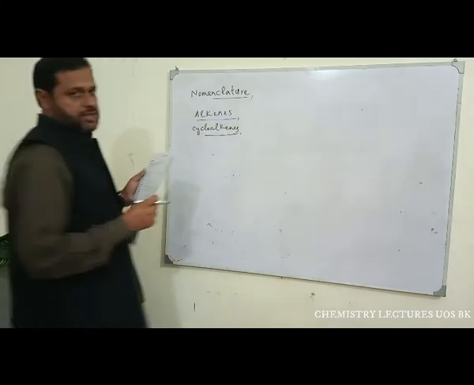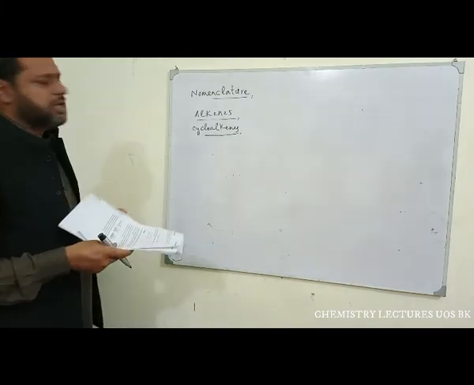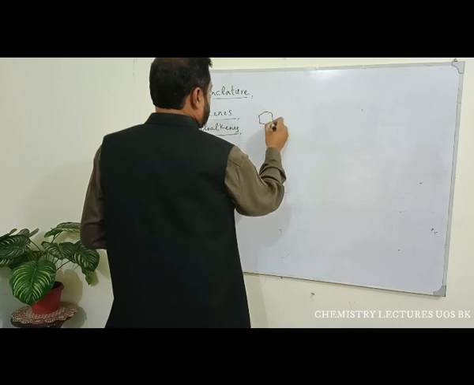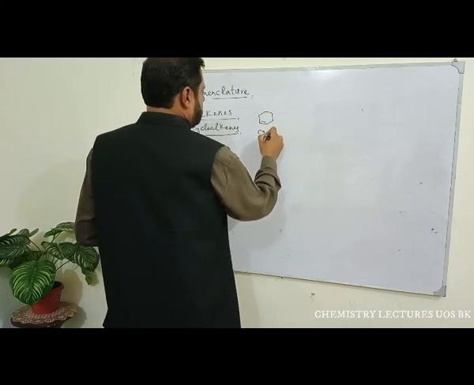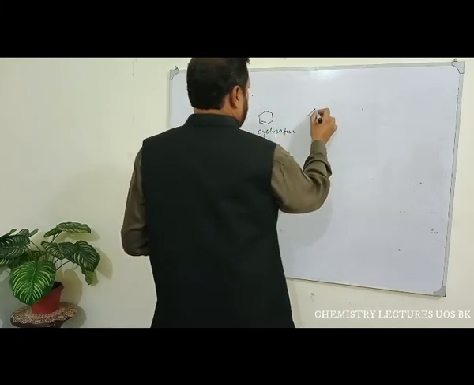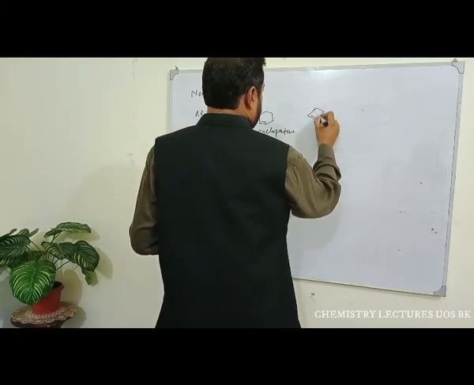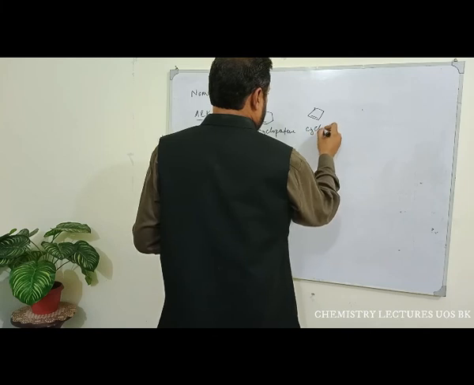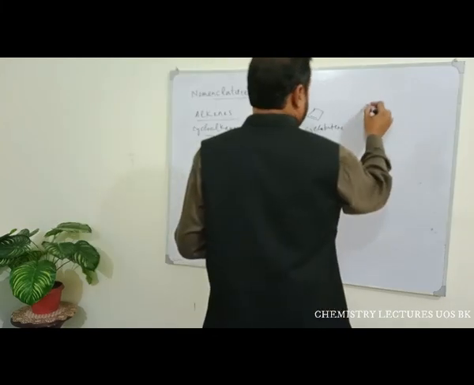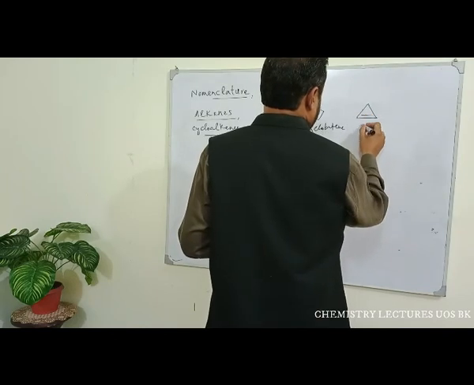Cyclic rings which contain a double bond. So the general name for that compound is cycloalkenes. For example, you have this 5-membered ring with a double bond. It is called cyclopentene. If we have a 4-membered ring with a double bond, it is called cyclobutene. If we have a 3-membered ring with a single double bond, it is called cyclopropene.